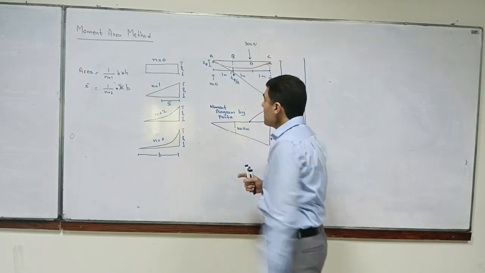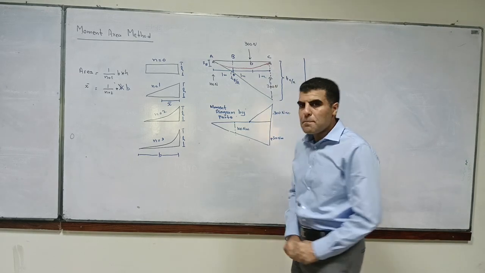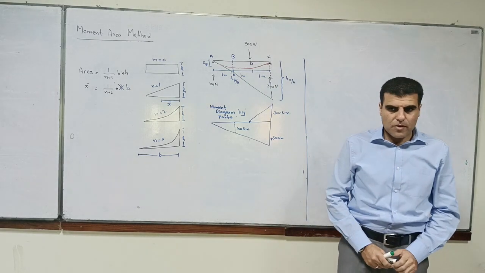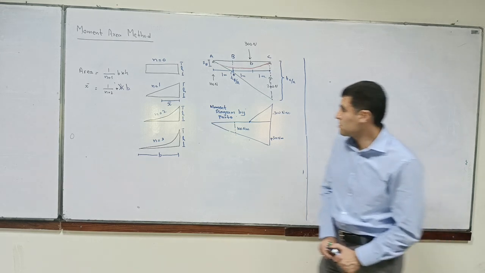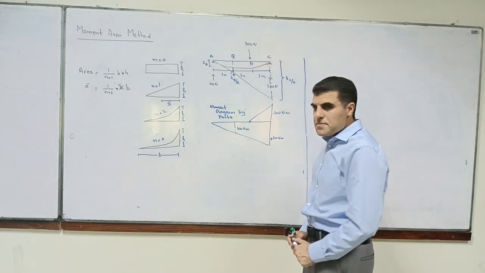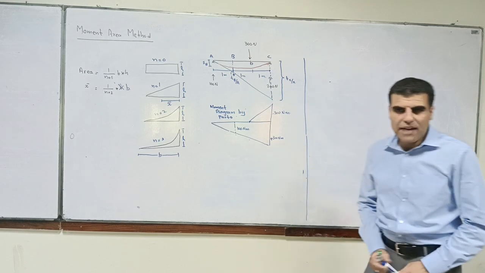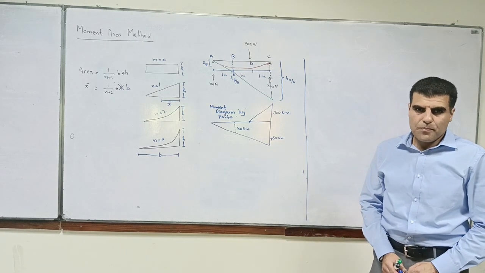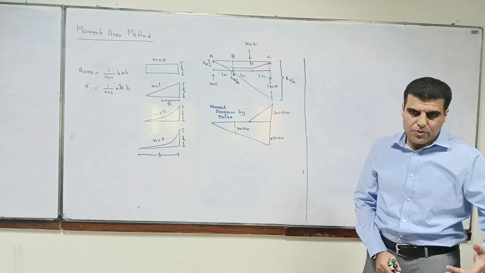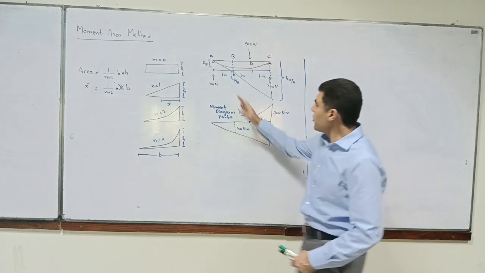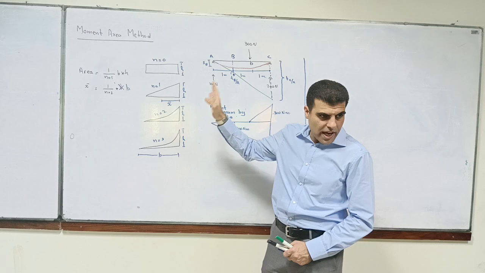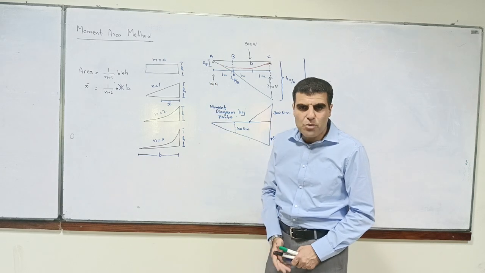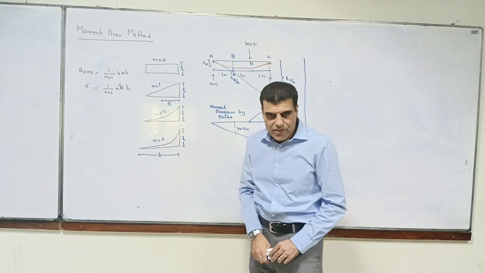Now, if we are asked to find the maximum deflection, how can we work that out? For the maximum deflection, we don't know the distance, whereabouts the maximum deflection will occur. So for that we assume a general distance x.